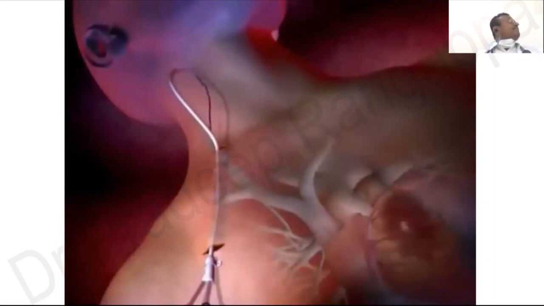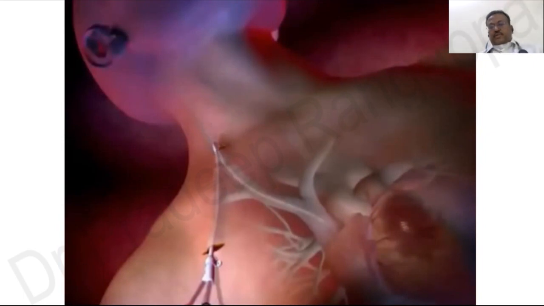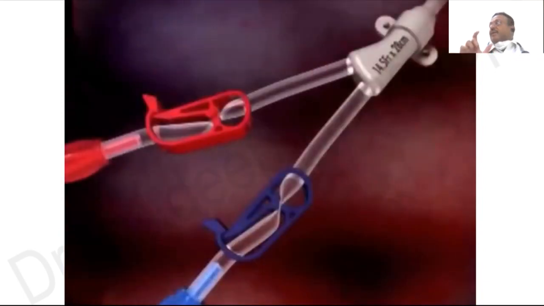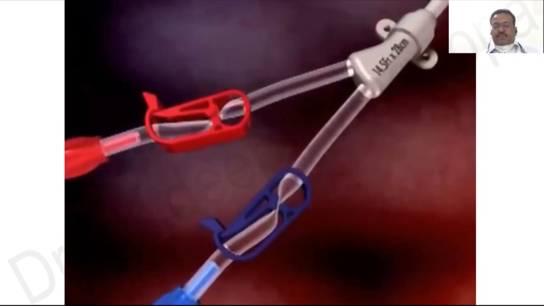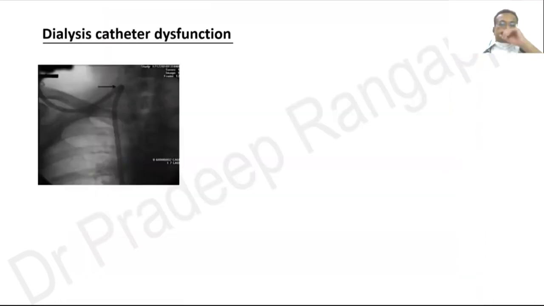So the guide wire is used to push the catheter inside, so that the whole catheter remains under the skin and is not exposed.